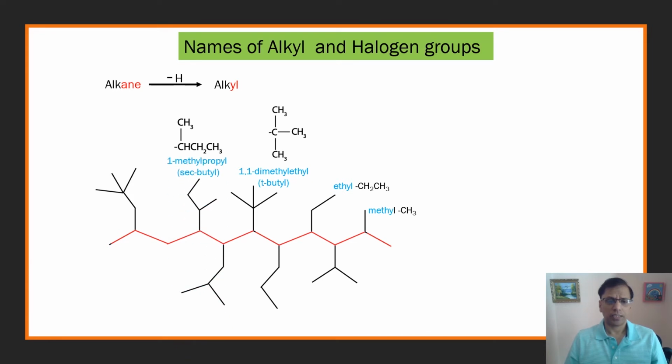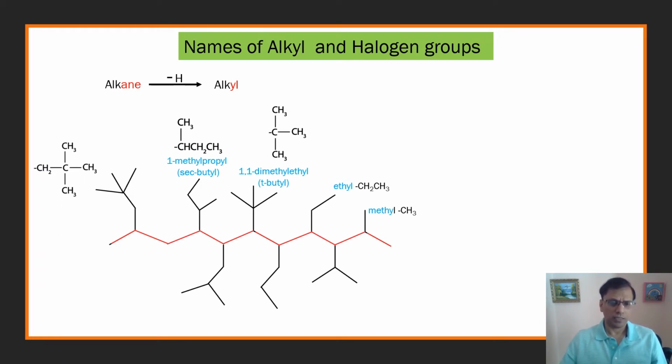And then let's look at another branched alkyl group. This is 1-methylpropyl. Again, this carbon atom is numbered 1, this is 2, and this is 3, and a methyl group is attached to carbon atom 1, so it's called 1-methylpropyl. This is the IUPAC name, and the generic name is sec-butyl.